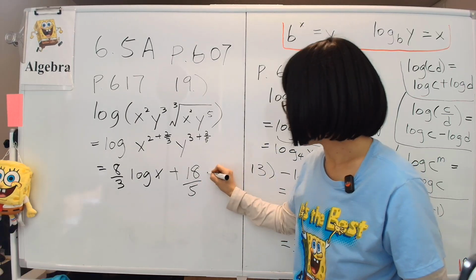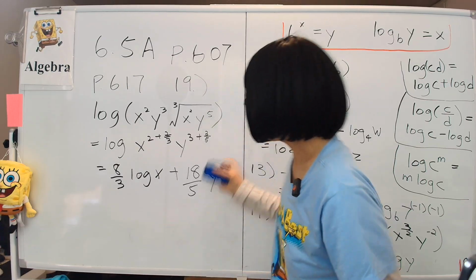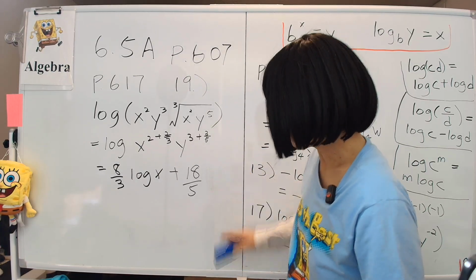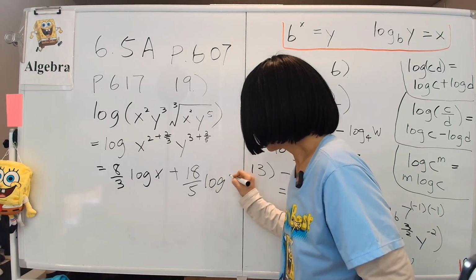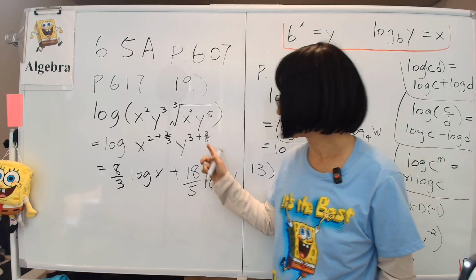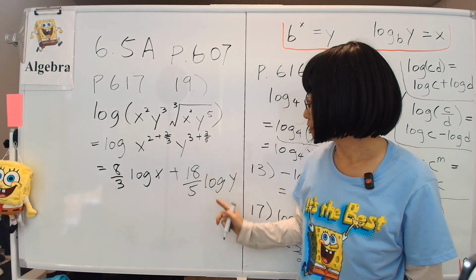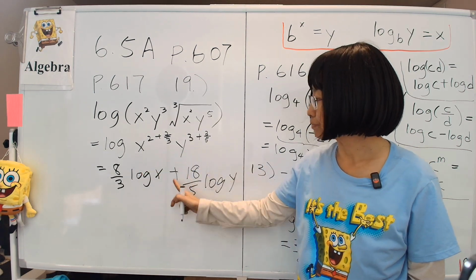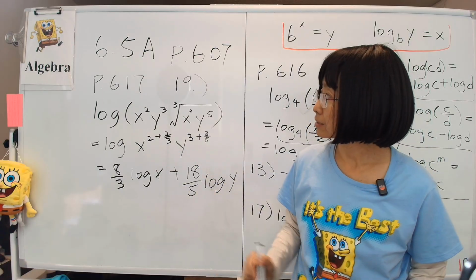Let's write, so we'll kick the power to the front, log y. The power that happened to be 18/5, I believe, and then log y, and these two things are being added because they were multiplied before. So that should be right, and this is problem 19.